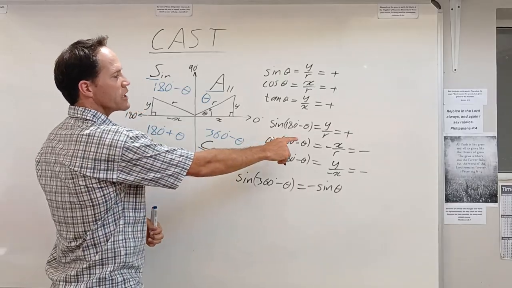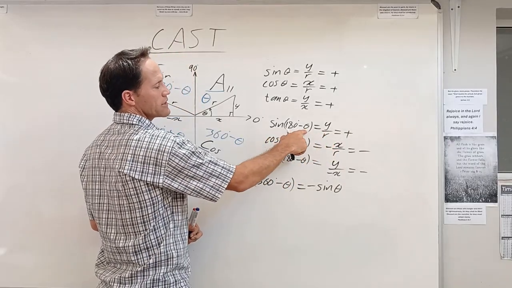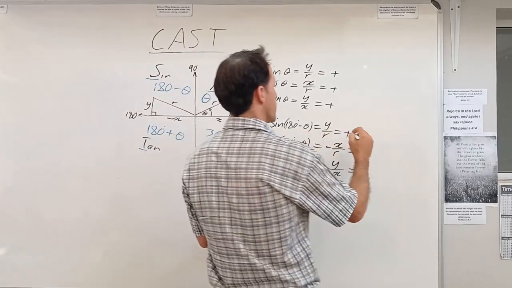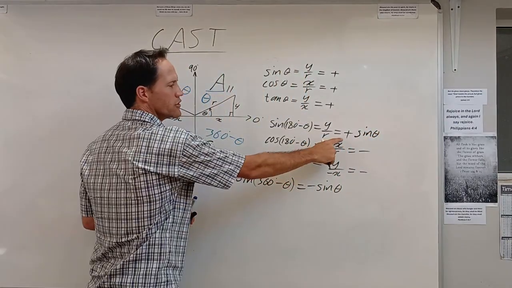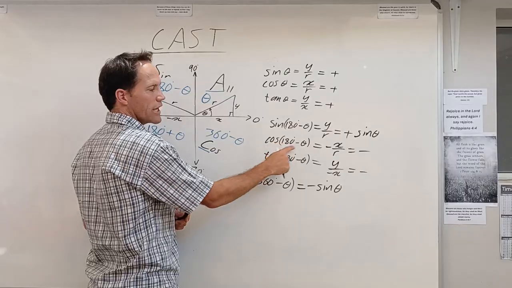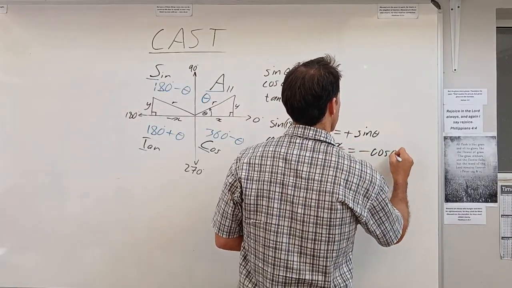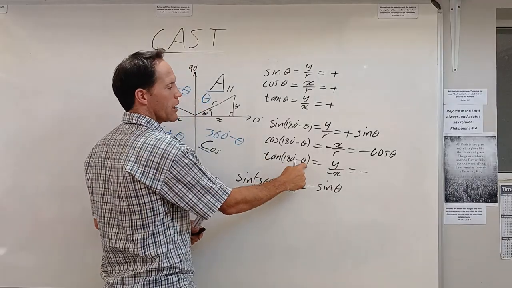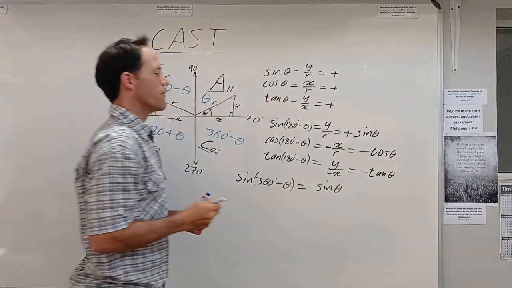Here, when we just put in the positive, actually what happens is sine 180 minus theta is positive sine theta. But the important thing is to get the sign right. Cos 180 minus theta is negative cos theta. And tan 180 minus theta is negative tan theta.